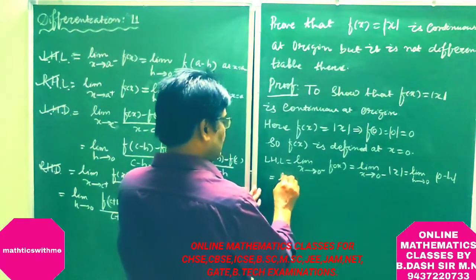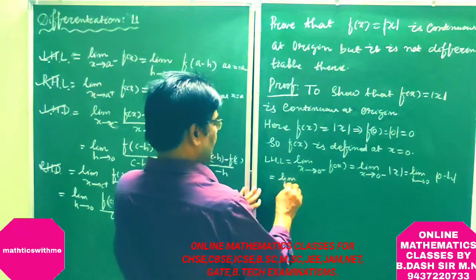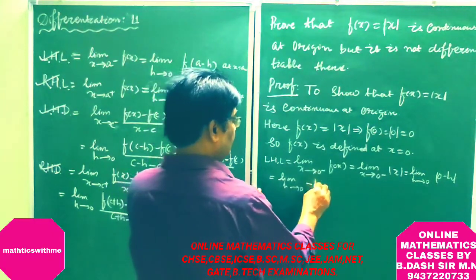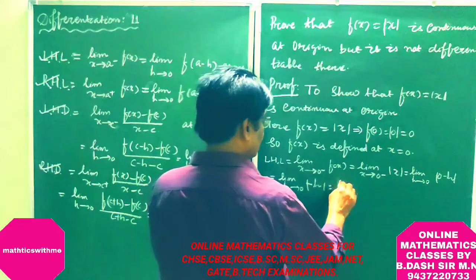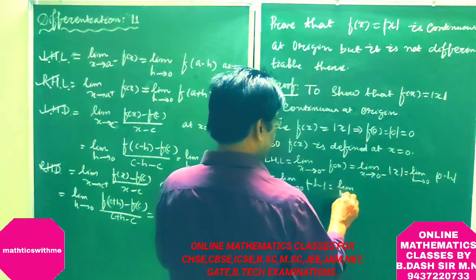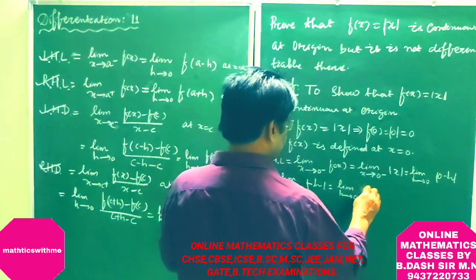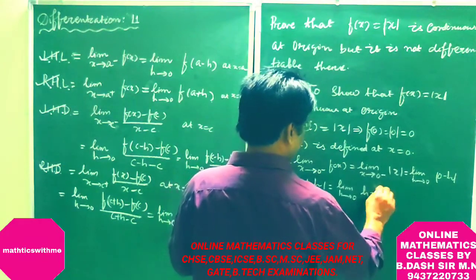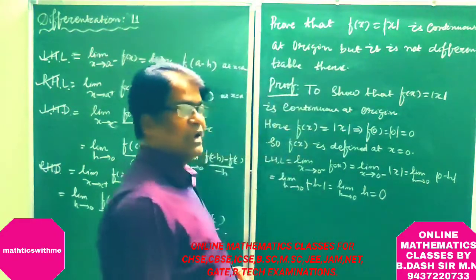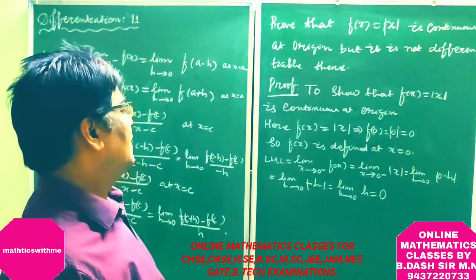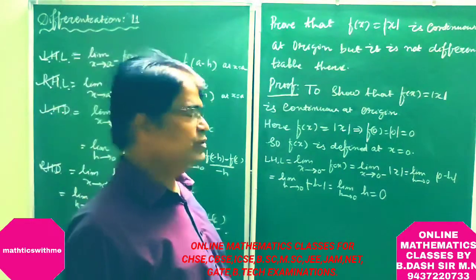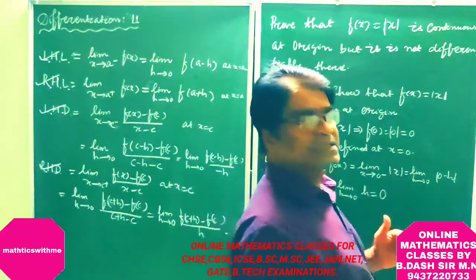This is equal to limit as h tends to 0 of h, which is equal to 0. So we get the left hand limit of the function at x = 0 is 0.